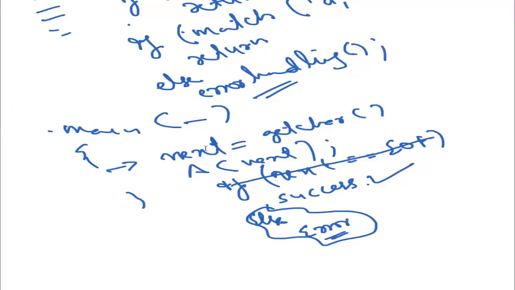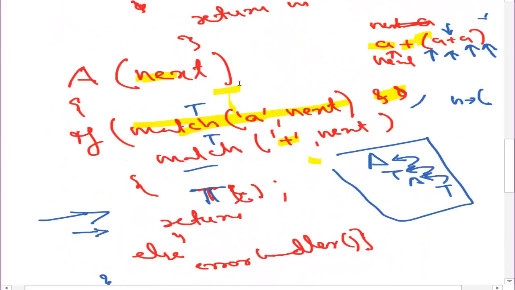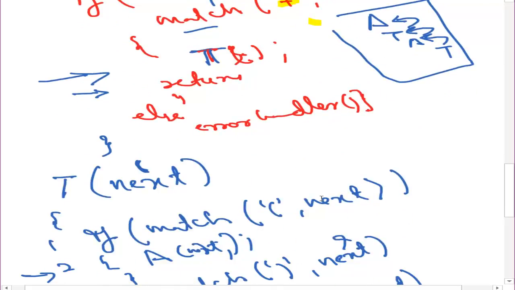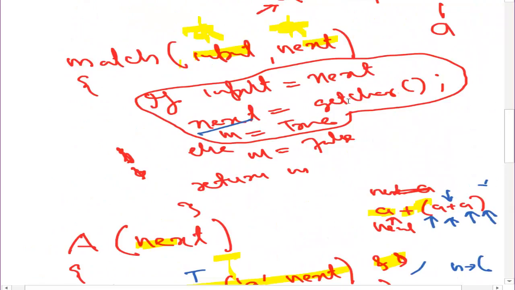One more implementation detail is that we can have these things as an object itself. If we use Java or C++, which is object oriented, then everything will be like objects. And this will not be like getchar. We may have a method in our lexer.